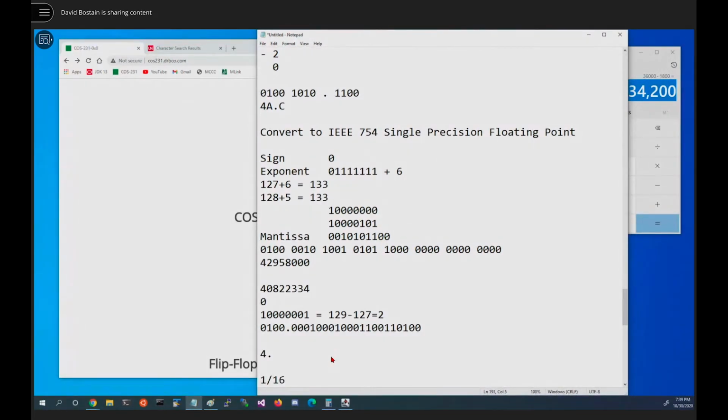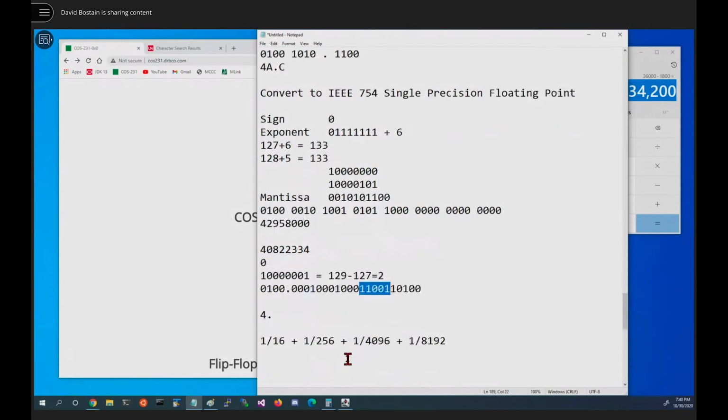So we have a 16th in the answer. 32nd, 64th, 128th, 256th, 512, 1024, 2048, 4096. And so forth. I'm not going to finish the rest, but as you can see, these are contributing less and less and less and less to the number.